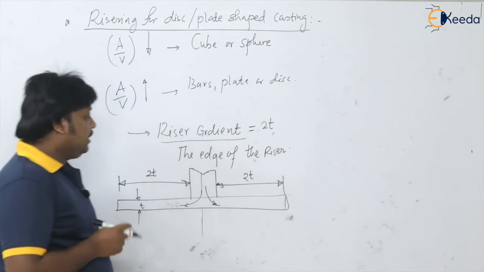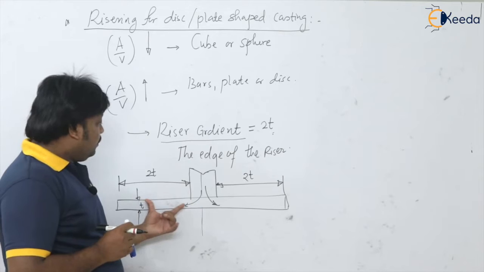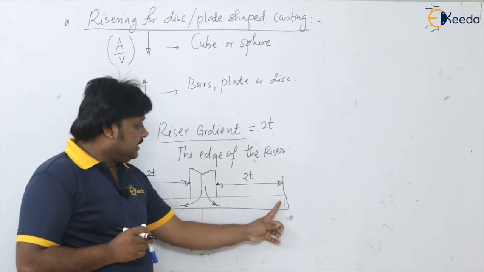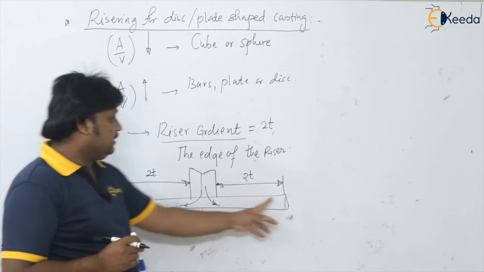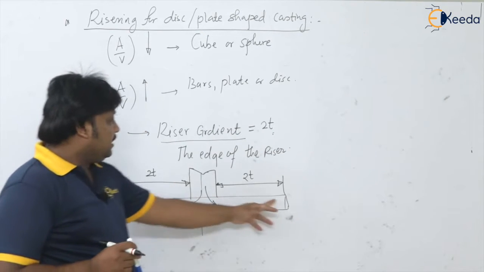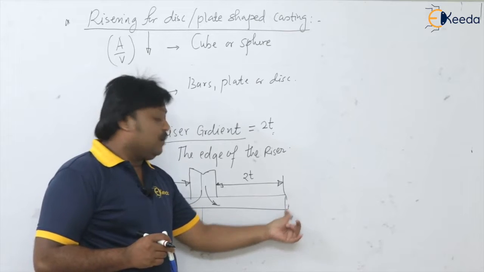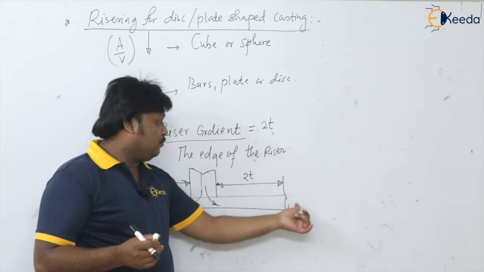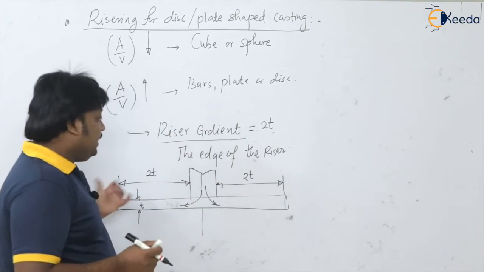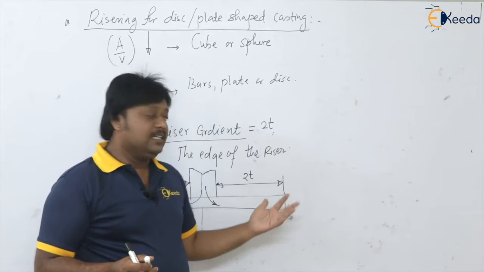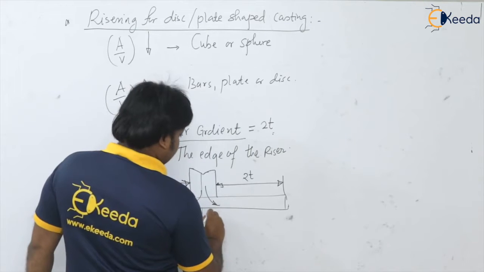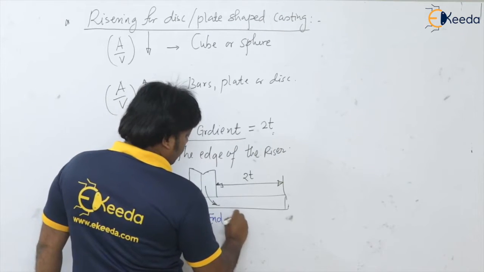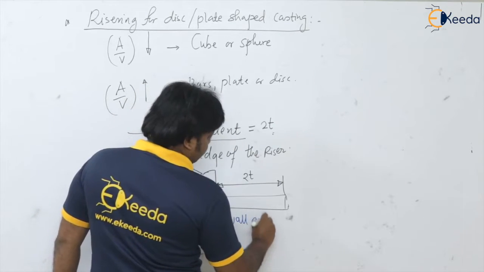Now again, the heat transfer is from these edges also, isn't it? These are the end walls. If you allow the heat to get transferred from these ends, then this will also give us a gradient called the end wall gradient.